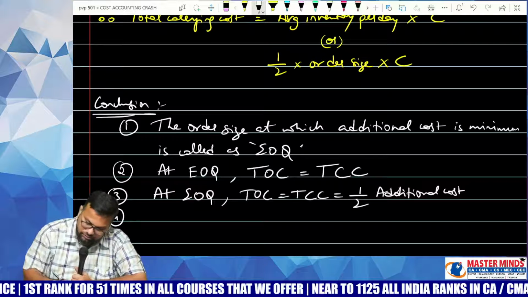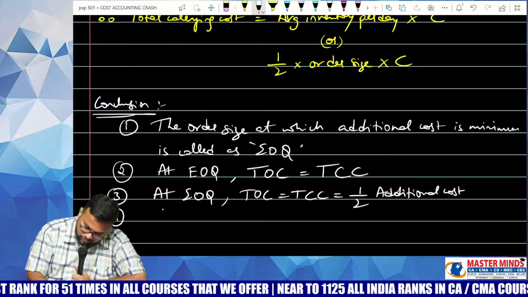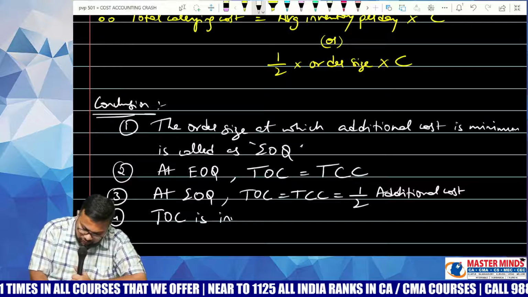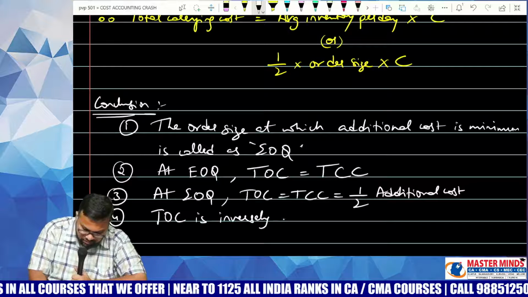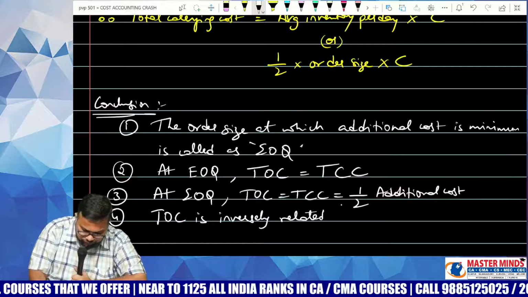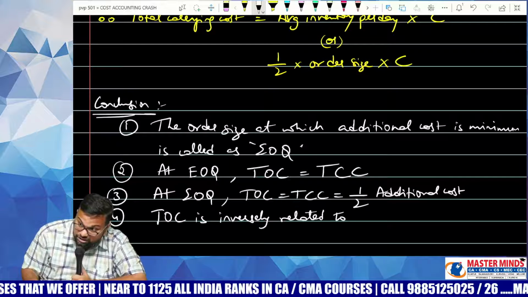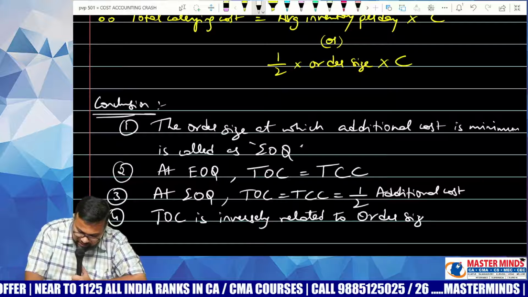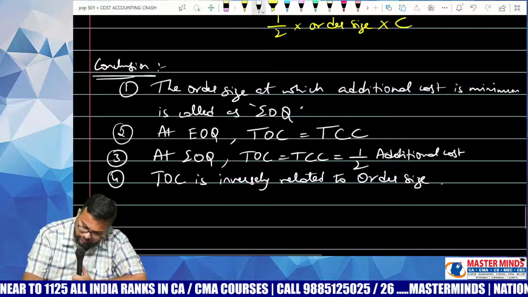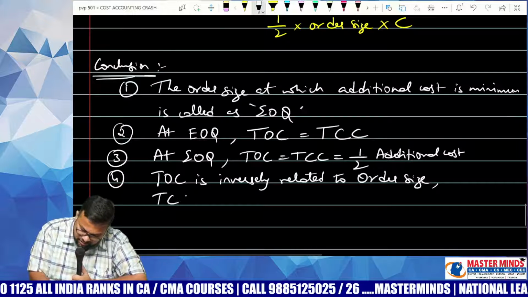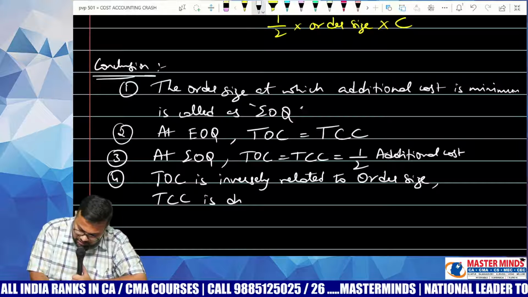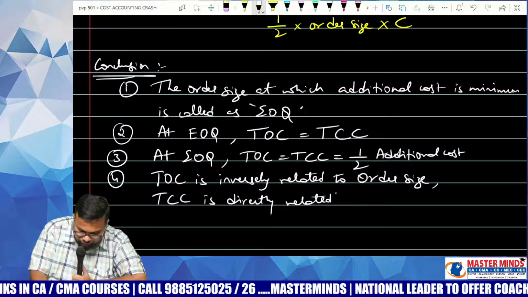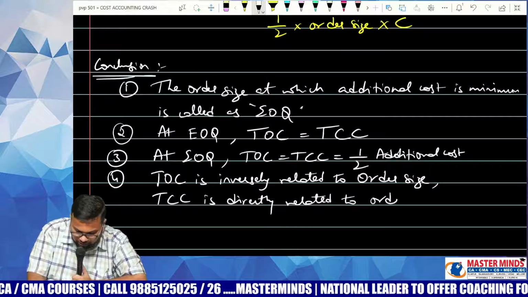Fourth point, TOC is inversely related to order size, whereas TCC is directly related to order size.